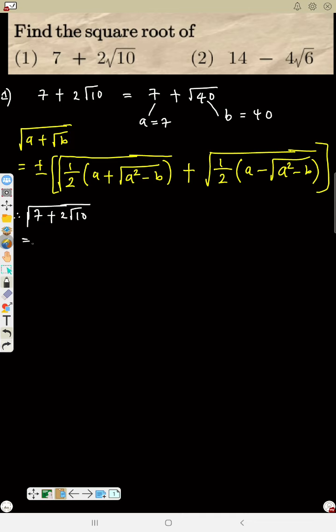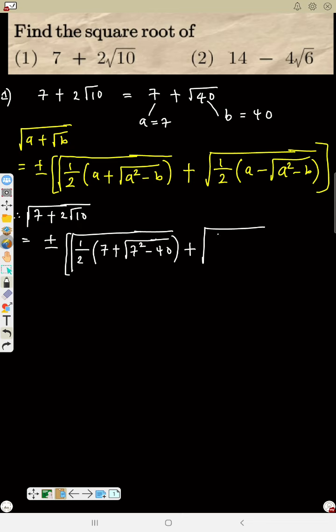This will be equal to plus or minus square root of 1 over 2 bracket 7 plus square root of 7 square minus 40, because A is 7, B is 40, as in we are using the formula, then plus square root of 1 over 2 7 minus square root of 7 square minus 40. Close it.